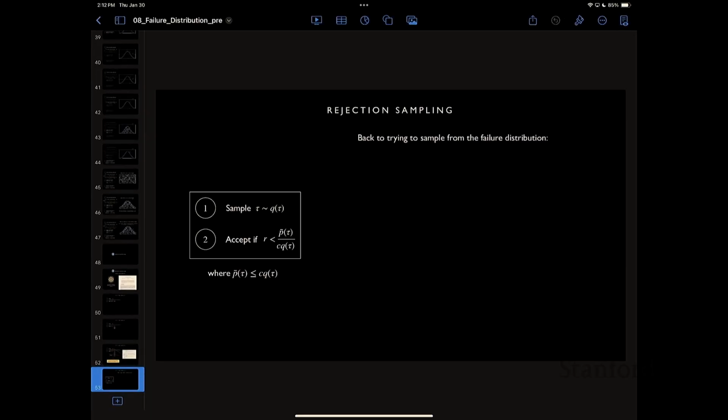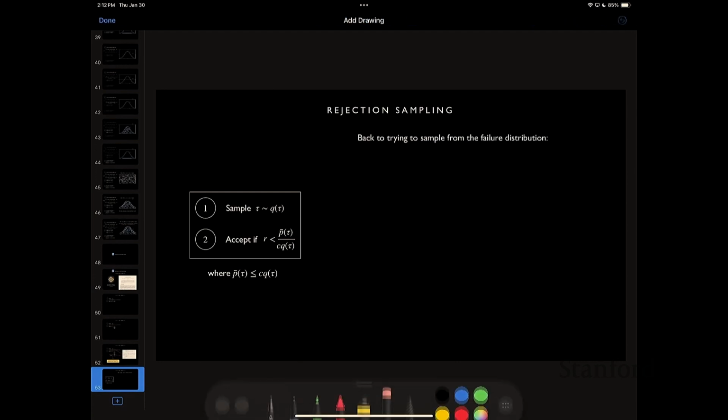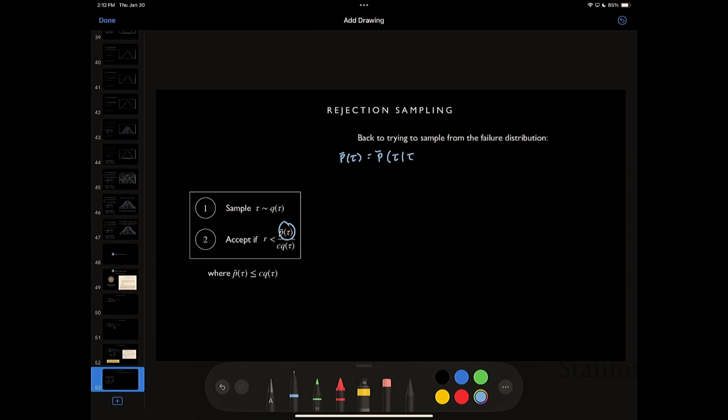And what we need to do to apply rejection sampling in this scenario is we're gonna say our target density, that P bar of tau for our failure distribution, is P bar of tau given that tau is not in the specification. And then we said that this was equal to our indicator function times the nominal trajectory distribution. So that's our unnormalized target density we want to sample from.